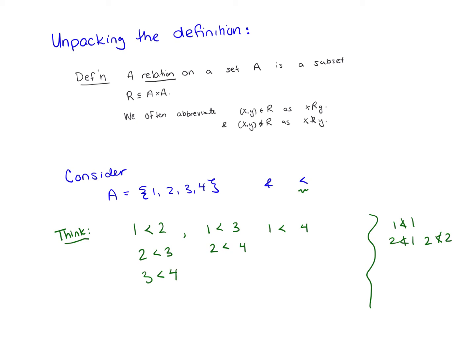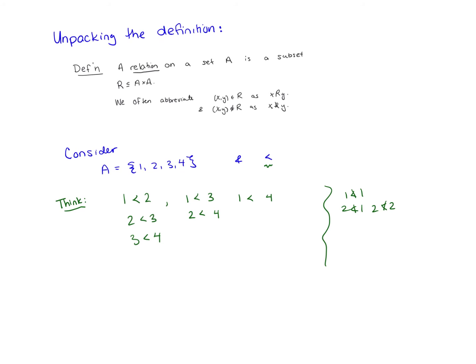Now if I wanted to write this out as a relation according to our definition, I would write the set of all the ordered pairs that satisfy this. So I would say 1, 2, since 1 is less than 2; 1, 3, since 1 is less than 3; 1, 4; 2, 3; 2, 4; and 3, 4.